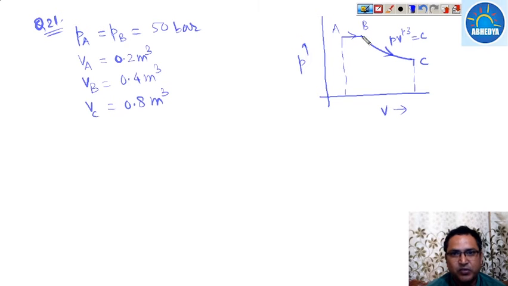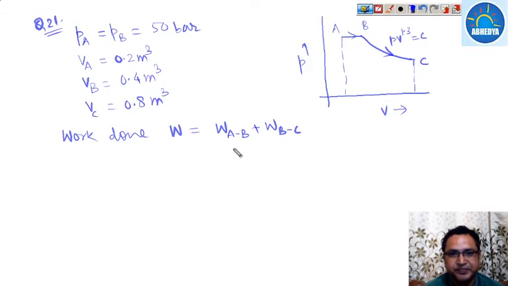So the total work done W is nothing but W from A to B plus W from B to C. W A to B is easy, it is the area of this one, and W B to C is this dotted area that we have to calculate.